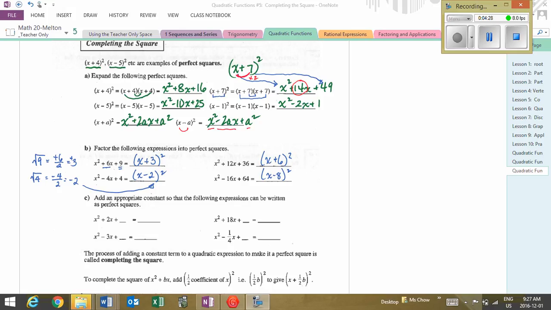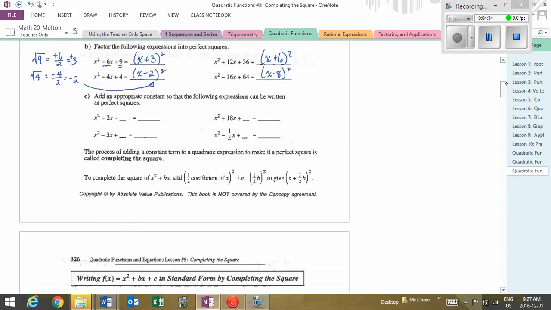So looking into part C, now we're actually moving into completing the square. So we're trying to figure out what that third term is going to be so that I have a perfect square. So remembering that in order to come up with that second term, I know I'm starting with x here, so to come up with this second term, I can go through 2 ways.